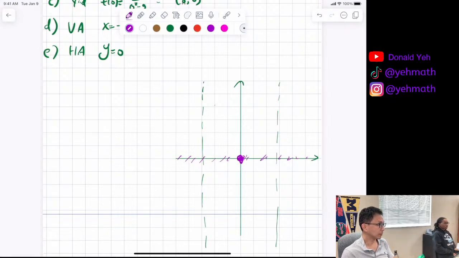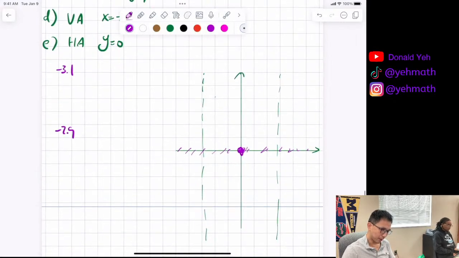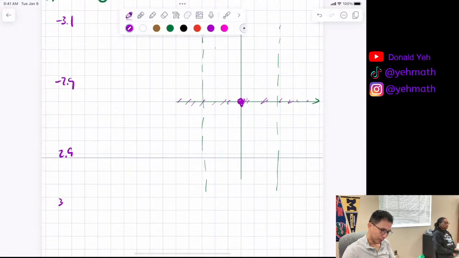Got it? Okay. So what points am I going to try? I'm going to try negative 3.1, right? What else? Negative 2.9. What else? 2.9 and then 3.1.